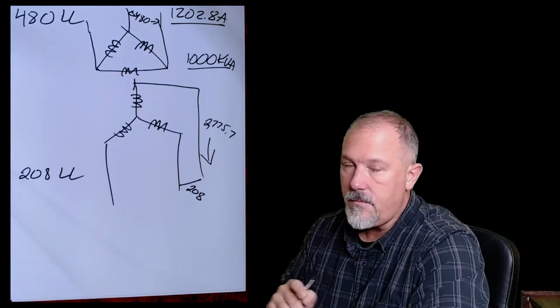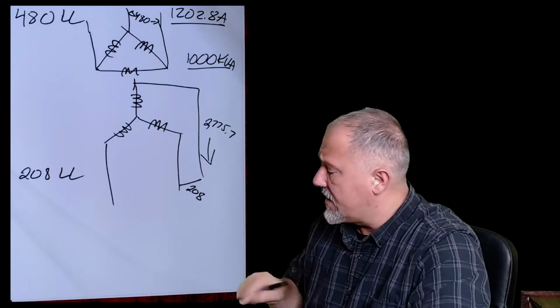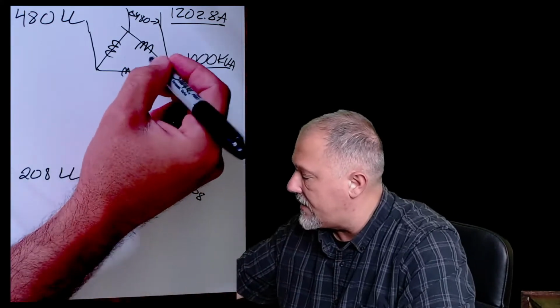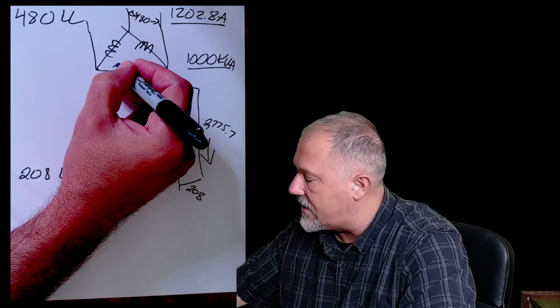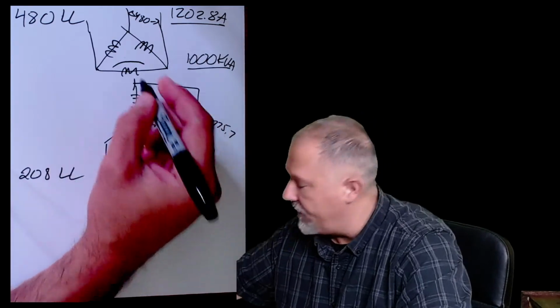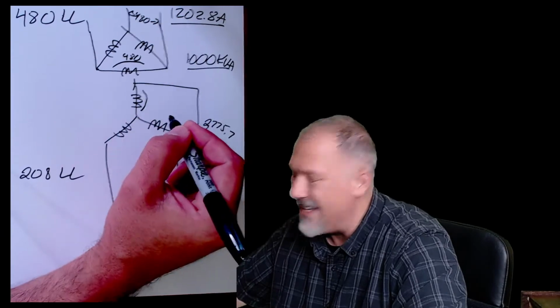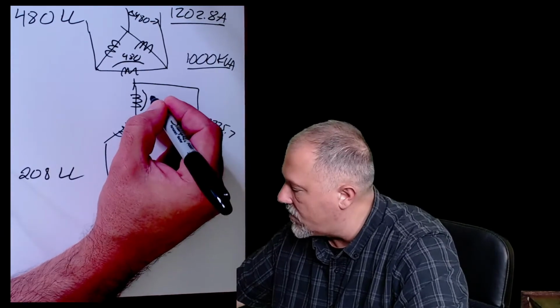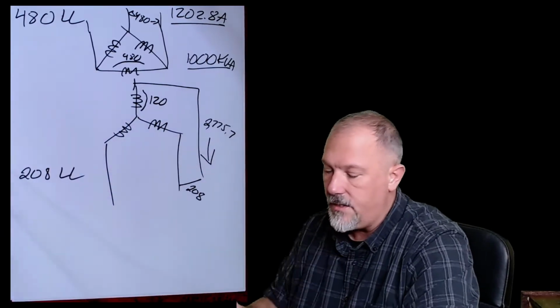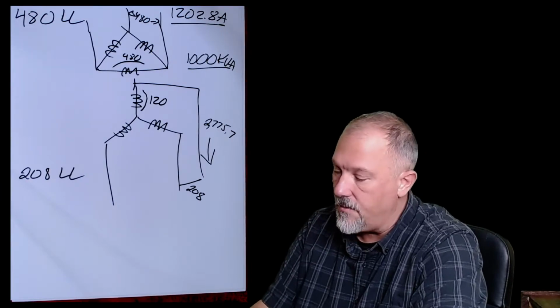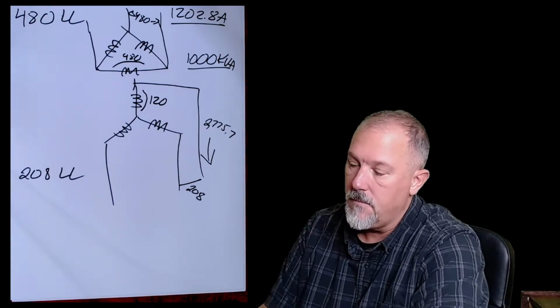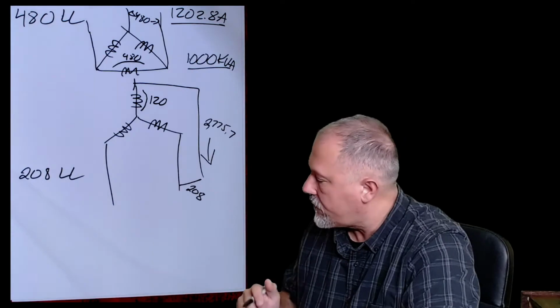Now, what you've got to be careful of is sometimes, so if you think about this, this is 480. So across this coil is 480 volts, right? What is across that coil? It's not 208, it's 120. It's 208 divided by square root of 3, which is 120.